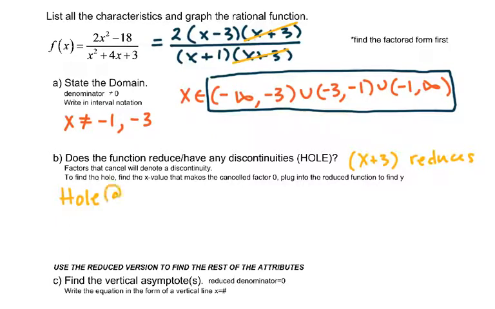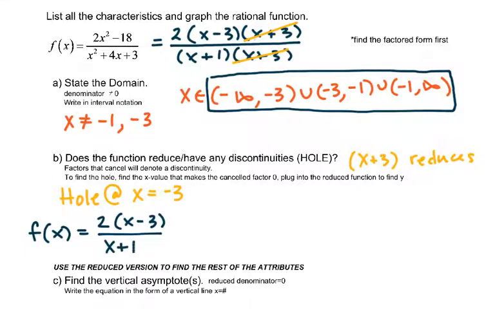So there's a hole at x equals -3. And because this has reduced out, we have our reduced version. f of x is now equal to 2 times x minus 3 over x plus 1.